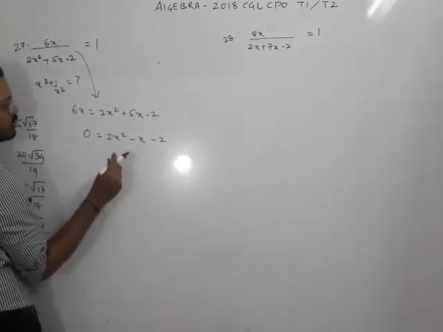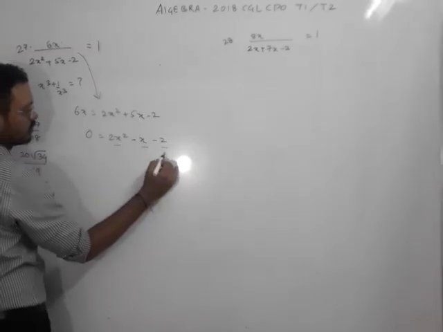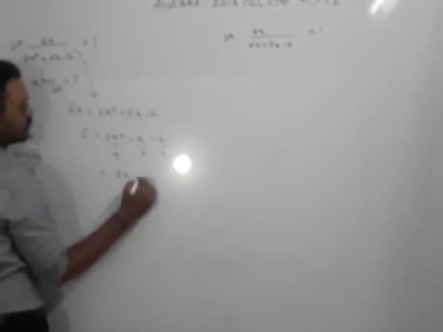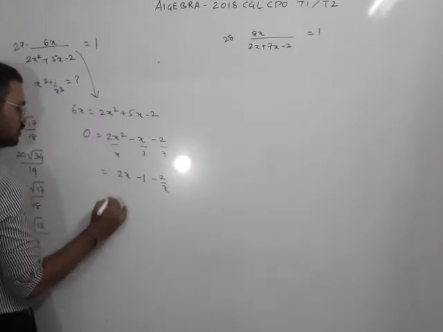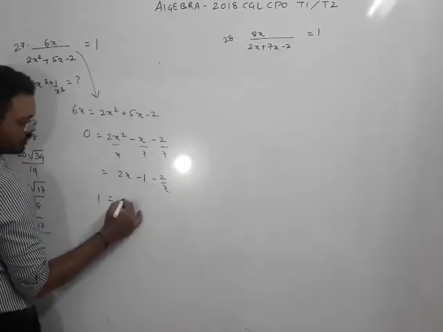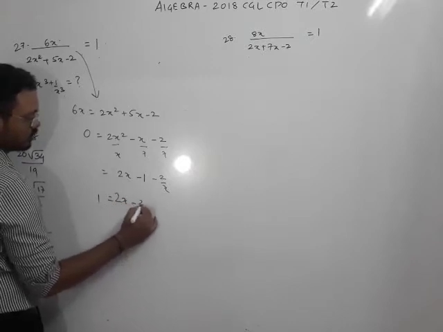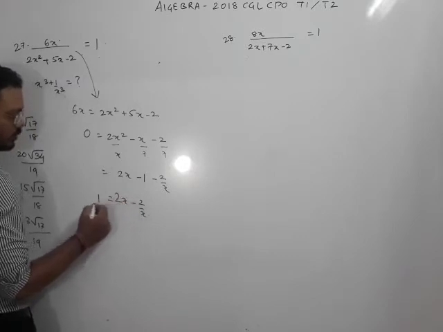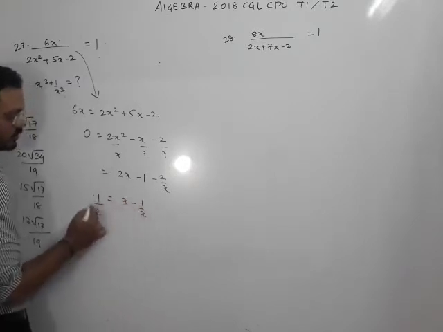If I have to divide by x, it will give me 2x minus 1 minus 2 by x. So 2x minus 2 by x is this. If I take 2 out and put it here, this becomes x minus 1 by x is 1 by 2.